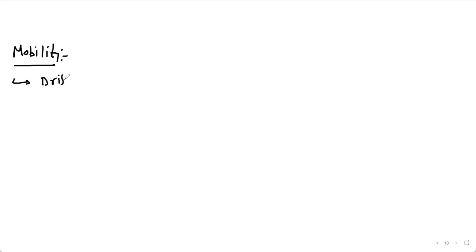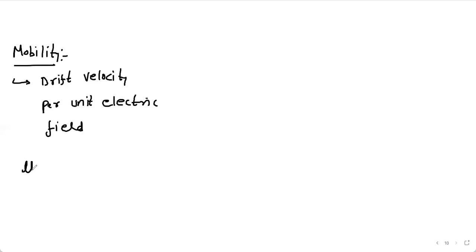It's drift velocity per unit electric field. So we represent mobility as mu, and this is the ratio of drift velocity and electric field.